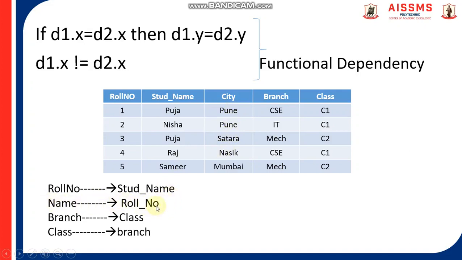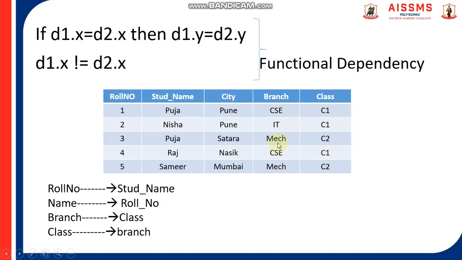Okay, this is not. Then check for the next: branch arrow class, class depends on the branch. Okay, we will see CSE, IT, make CSE, then we will go directly to the similar value. CSE C1, then this CSE C1.